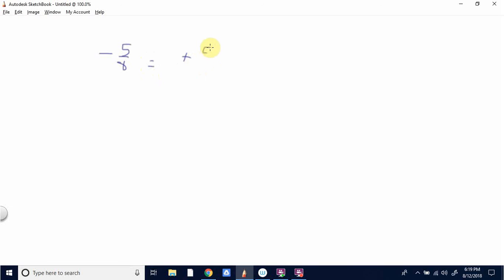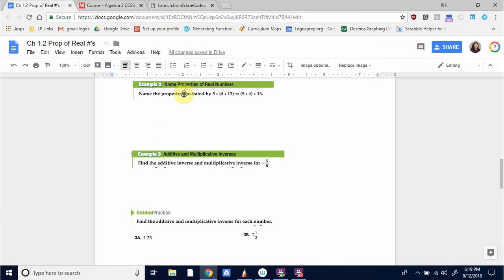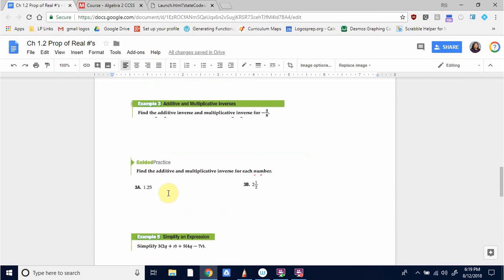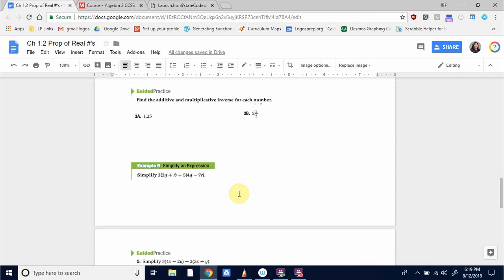It's going to be positive 5/8. Its multiplicative inverse, remember, is its reciprocal, or 1 divided by that number. It's still negative. Now it's just 8/5. Okay. So pause this, and I want you to do 3a and 3b. Okay, check your answers with the key that's posted online.